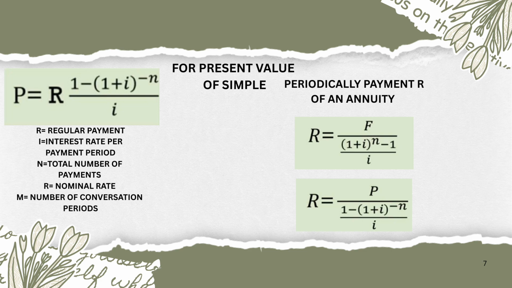And for the terms, R is the regular payment, i is the interest rate per payment period, and n is the total number of payments. r is the nominal rate, and m is the number of conversion periods. And for the formula of the periodic payment R of an annuity, R equals F divided by the fraction (1 plus i) raised to the power of n, minus 1, all over i.